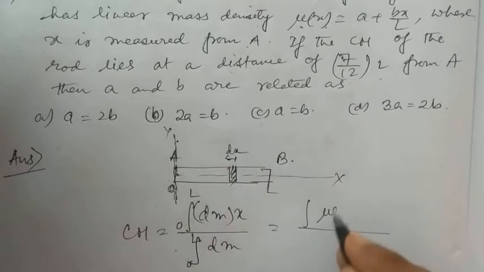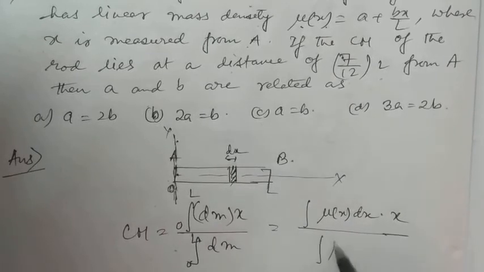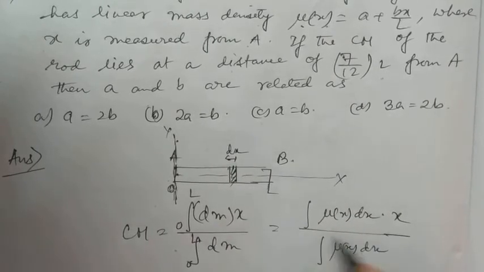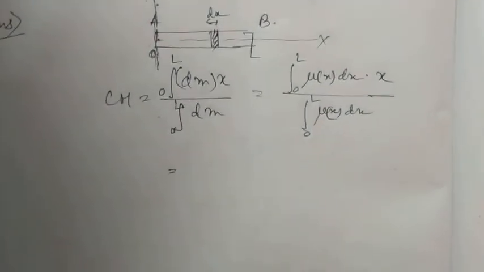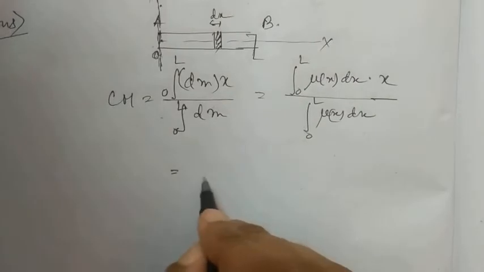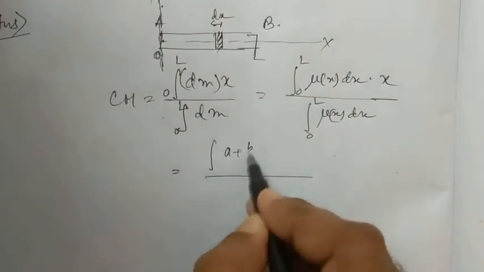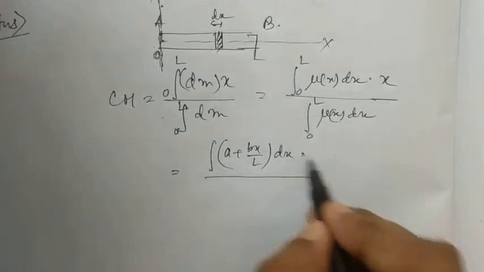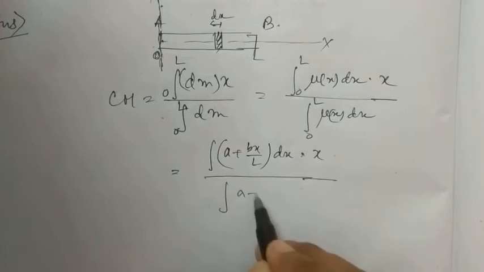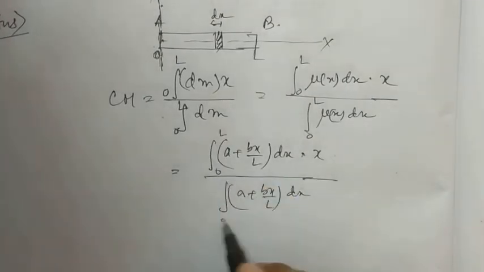So mu x into dx into x, divided by the integral of mu x dx, from 0 to L. If we replace the value of mu x in the equation, that means a plus bx by L dx multiplied by x, and also a plus bx by L dx, 0 to L integration.